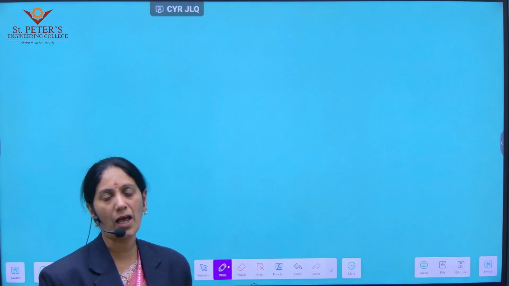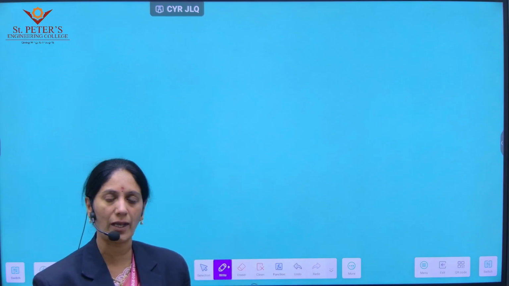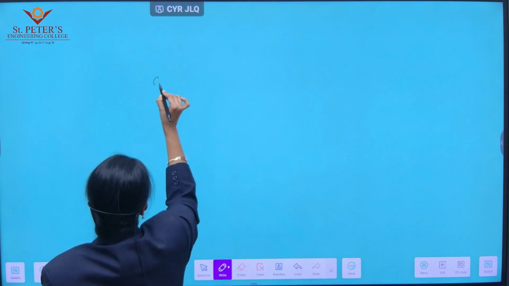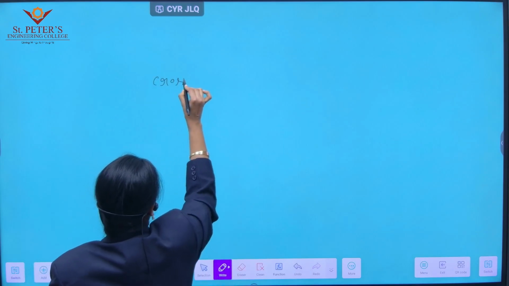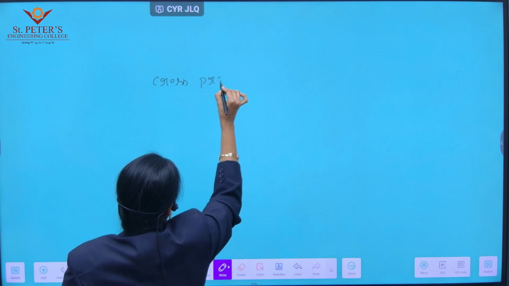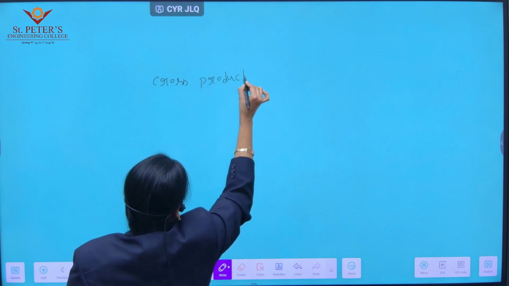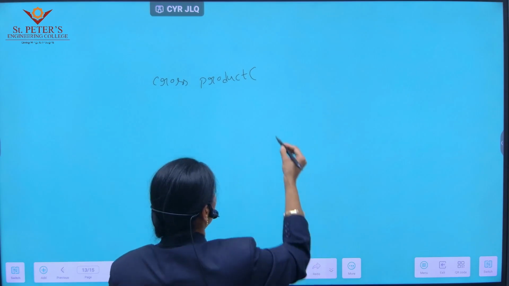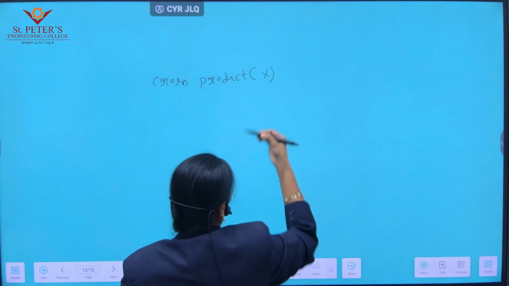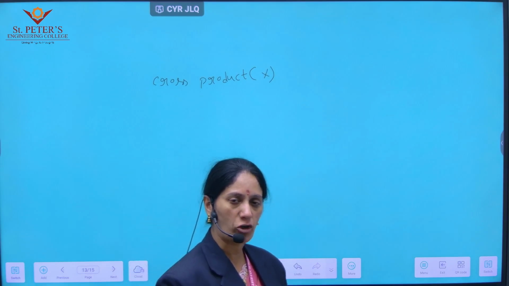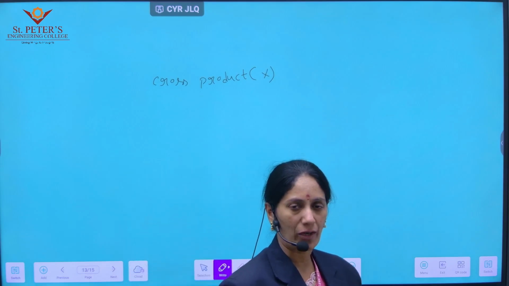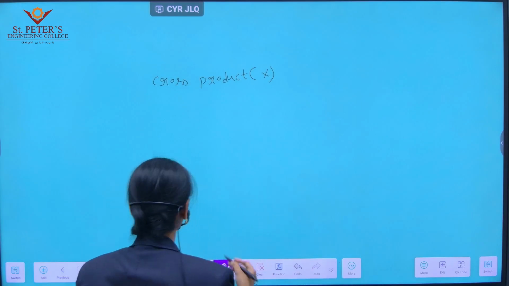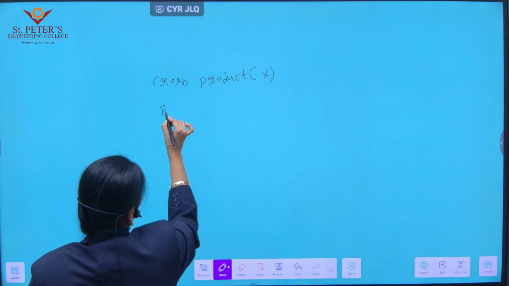The last operation is the cross product operation, which is also represented as the Cartesian product operation. Suppose we take two relations, R1 and R2.